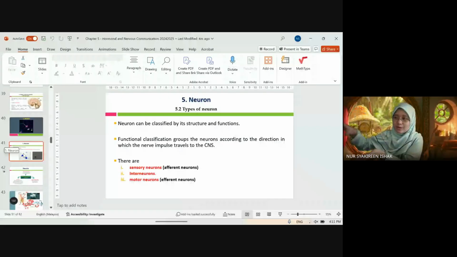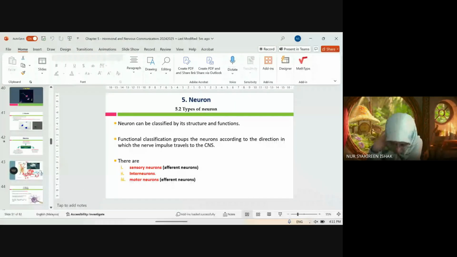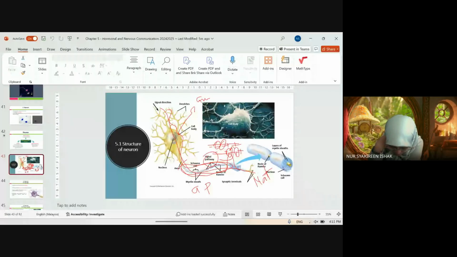We call them the nodes of Ranvier, where that section of the neuron is not wrapped by the myelin sheath.